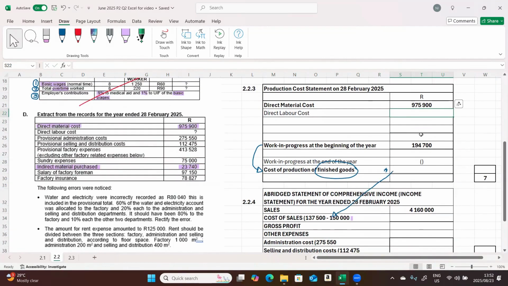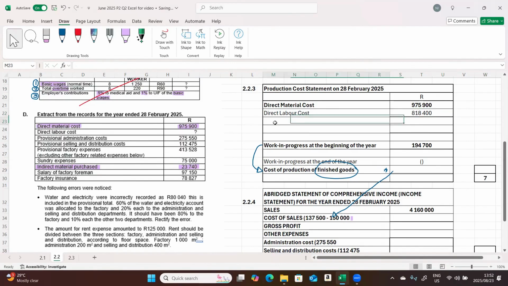So let's put the 818,400 over here. It comes from 2.2.1. And then you had to know your format of the production cost statement to know that direct labor cost goes directly beneath your direct material cost.